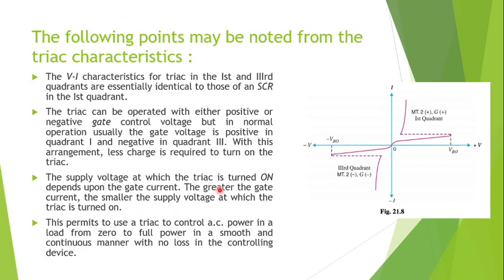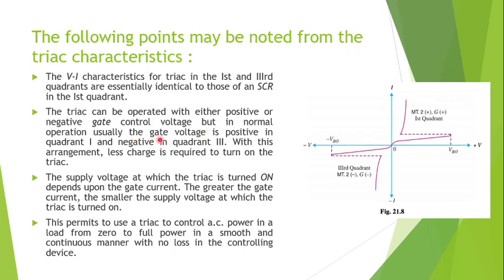So let us note a few points from this TRIAC characteristics. The first point we just mentioned, that the characteristics in quadrant 1 and 3 are identical to that of SCR in the first quadrant. Now, TRIAC can be operated with either positive or negative gate voltage.